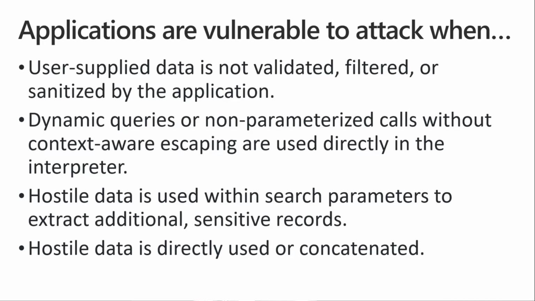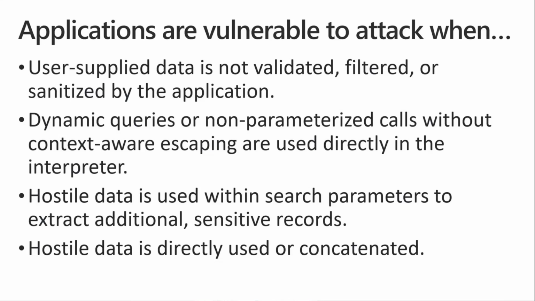So any type of user-supplied data should always be validated, filtered, and/or sanitized as much as you can. If you're asking, should I do validation for all my property panes? Yeah, you should. I'll skip the other ones, but we have to be careful about that.